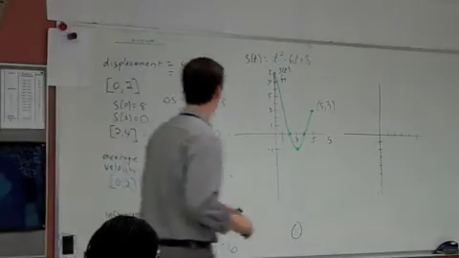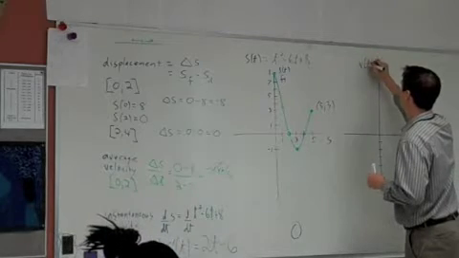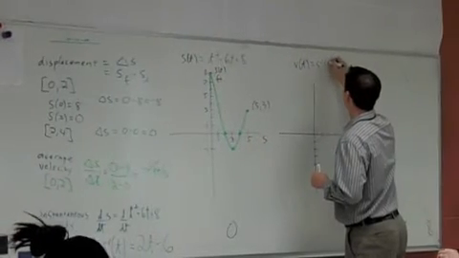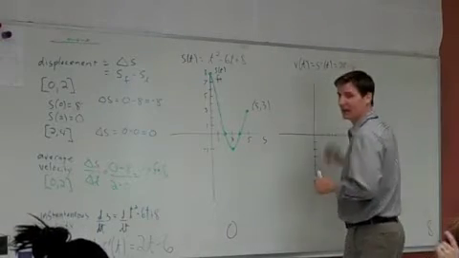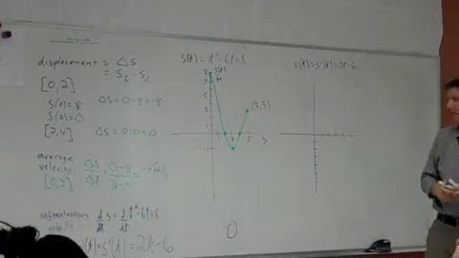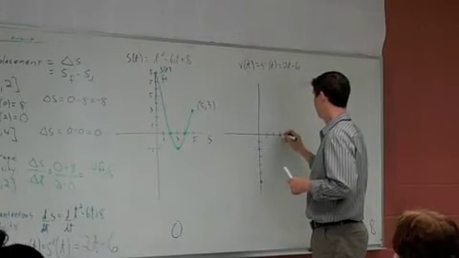Why don't we do this? Why don't we graph my velocity graph here? V of t, which is equal to the derivative of the position function, is equal to 2t minus 6. Make a little sketch of this in your notes too. Let's take a little look at this little sucker. Okay, so down here, and we got something like this.